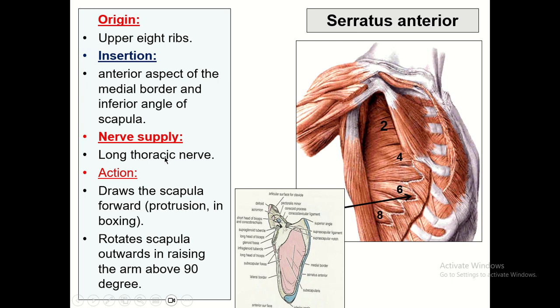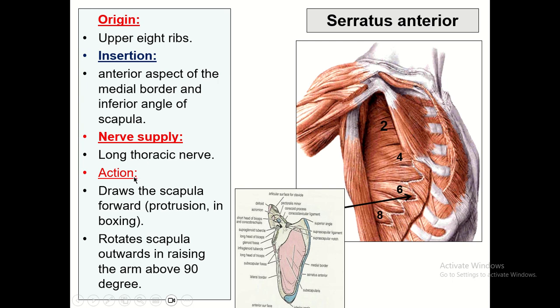If the long thoracic nerve is cut during radical mastectomy, removing the cancer of the breast, it is going to cause paralysis of the serratus anterior, leading to what we call winged scapula, whereby the inferior angle of the scapula protrudes outside and becomes very visible.